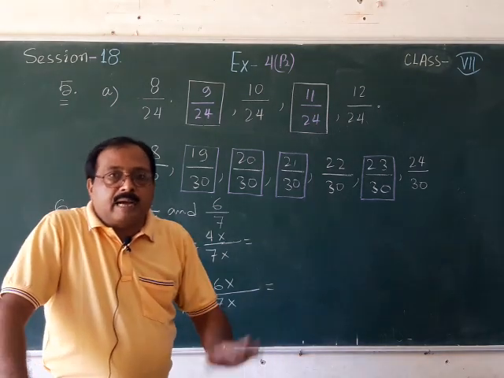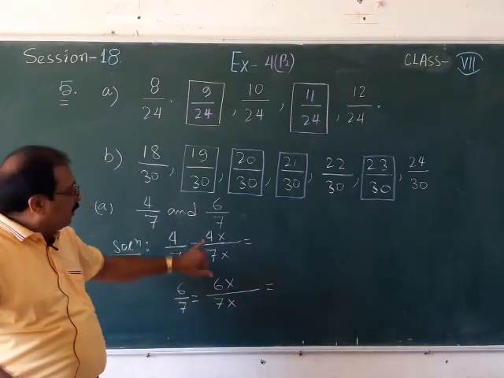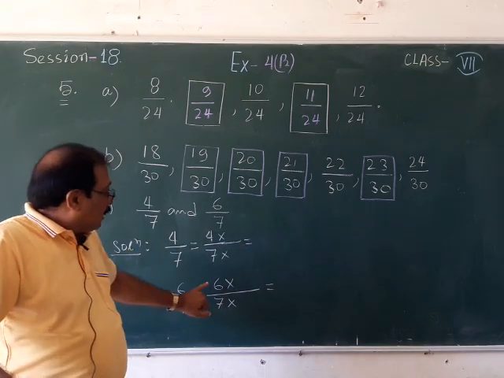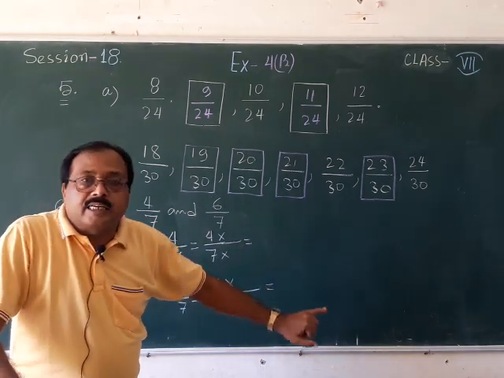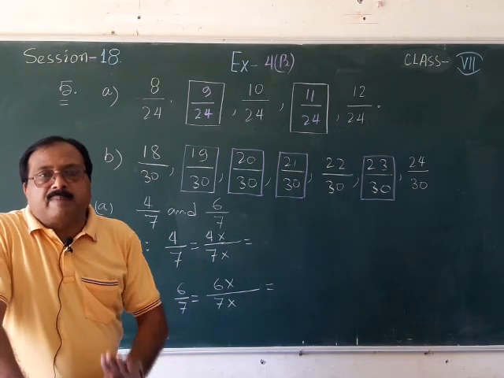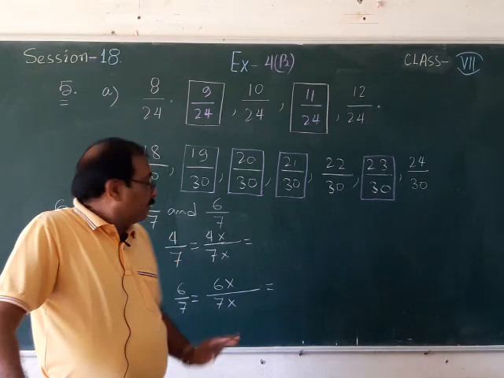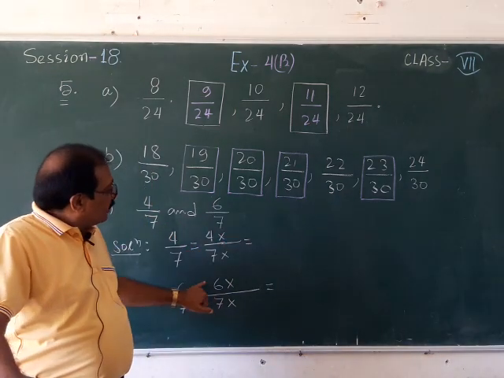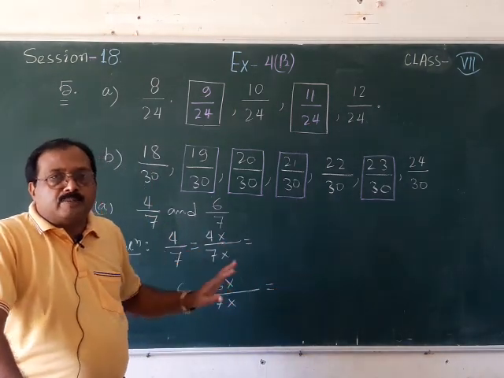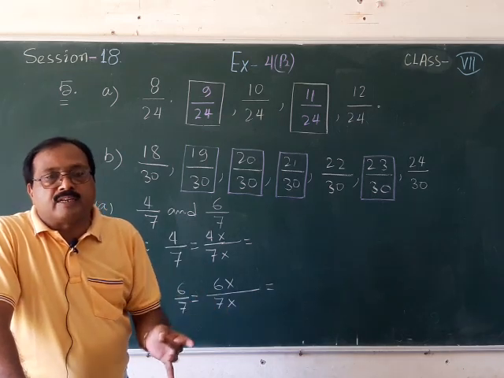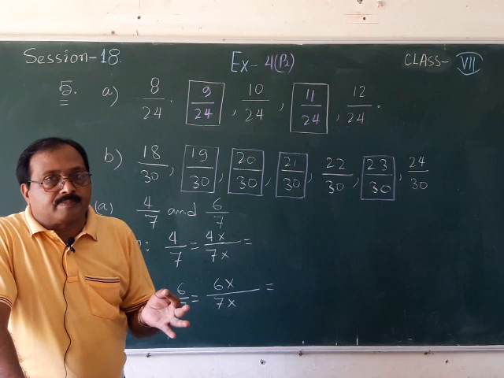Now you have to think, I am multiplying it by 3. Then what will happen? 4 multiplied by 3, 4 threes are 12, and here 6 multiplied by 3, 18. In between 12 and 18, you can see 13, 14, 15 and 16.